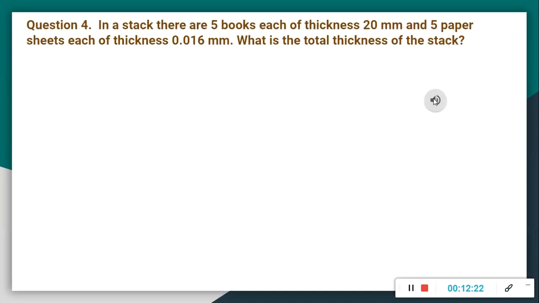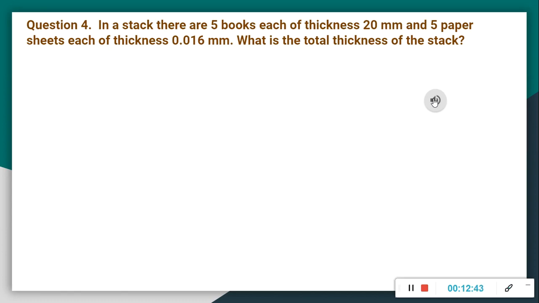Now see question number 4. In a stack, there are 5 books, each of thickness 20 mm, and 5 paper sheets, each of thickness 0.016 mm. What is the total thickness of the stack? Here the thickness of each book is given, so first we have to find the thickness of 5 books.